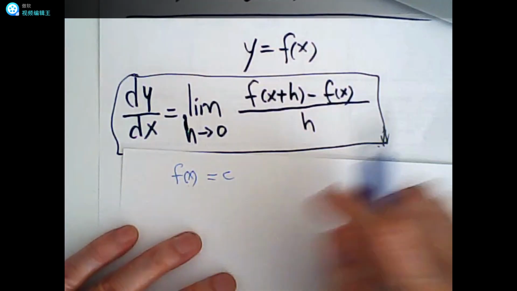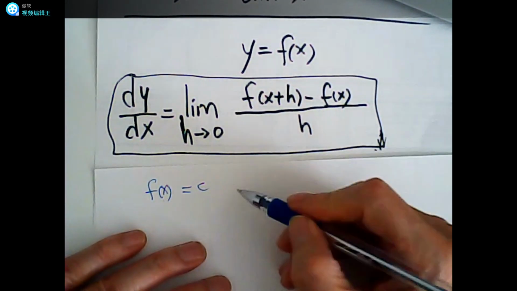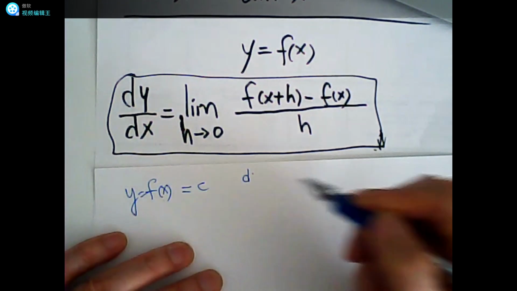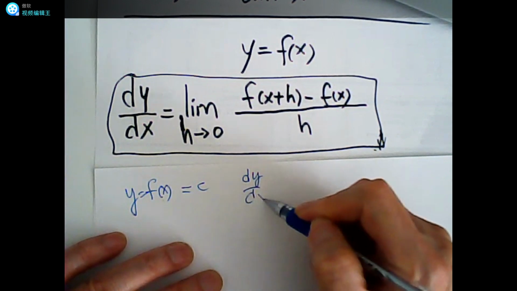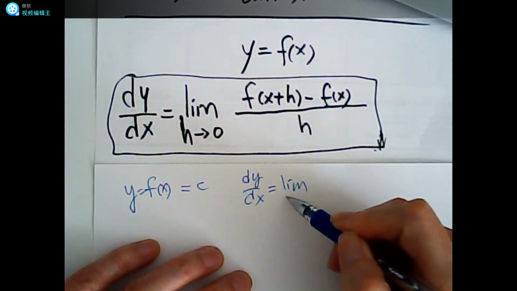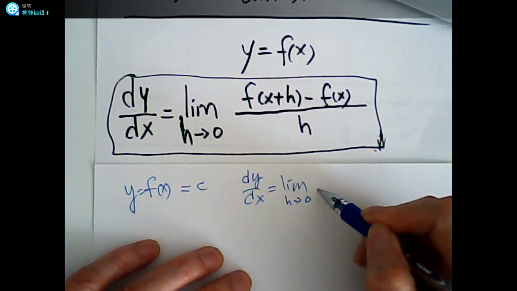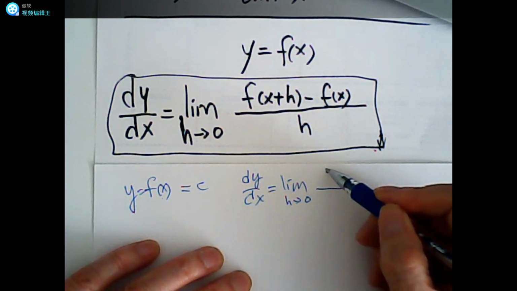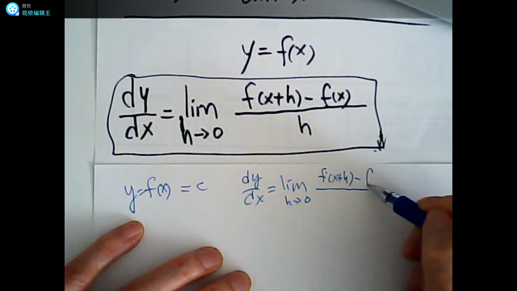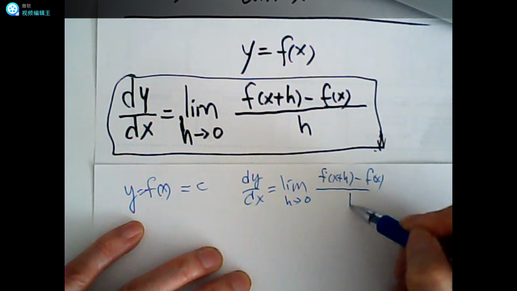Now, using the definition of a derivative, y equals f of x, dy/dx is equal to the limit as h goes to 0 of f of x plus h minus f of x over h.